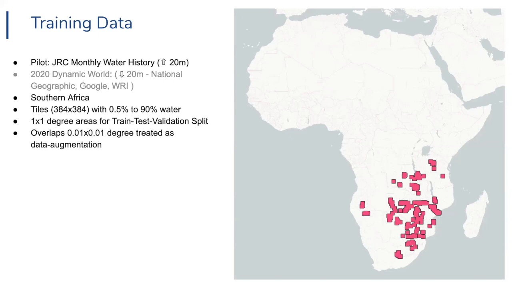But that said, we took from these areas in Southern Africa, and broke it up into 384 by 384 tiles that contain some amount of water from 0.5% to 90%.